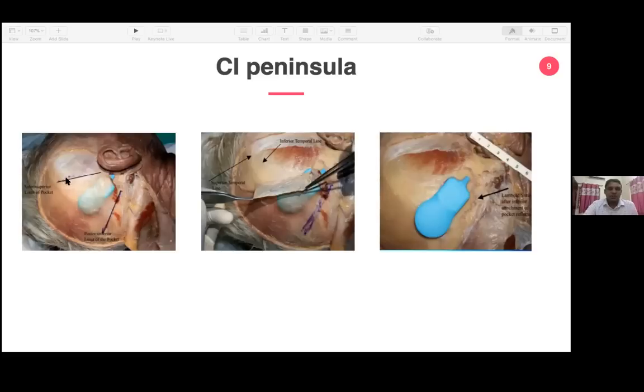Okay, so this triangular area is bounded anteriorly by the temporoparietal suture line, this one, and posteriorly by the temporo-occipital suture line. So in between these two, or you can also call it the lambdoid suture here.